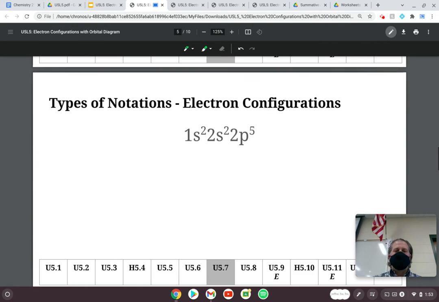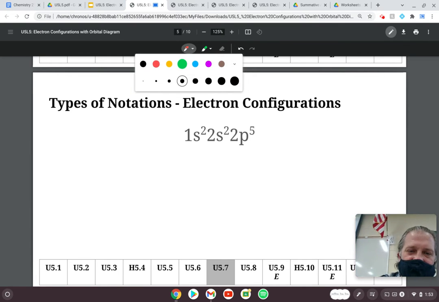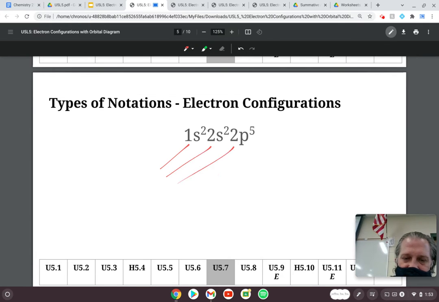Now, when we write electron configurations, they will oftentimes look like this. All of these numbers and letters are codes that tell us very specific information about the location of an electron around the nucleus of the atom. So, the big numbers, the 1, the 2, and the 2 in this case, are the energy levels.